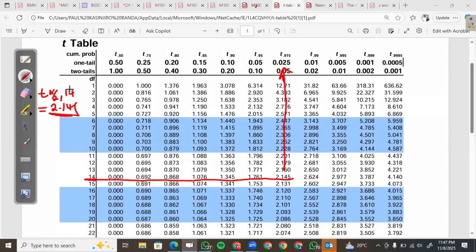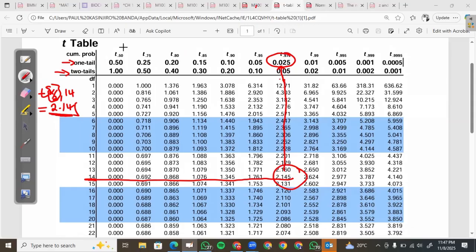You can go to this one above for the one-tailed test: if whatever you have here is equal to this, and you have 14 degrees of freedom, then you find this t-score. Or you can say this whole thing, comma 14, for the two-tailed test, is just 0.05 there. To find the value of alpha, I'll use this one here for the one-tailed test. So I'll go on top there and find this value here.